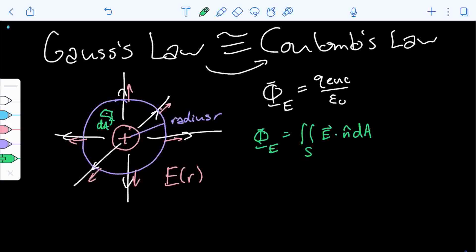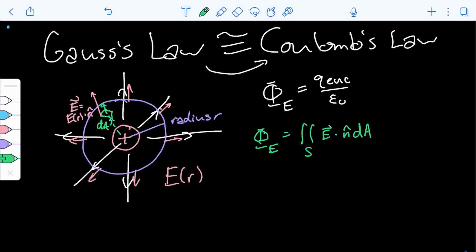N hat is radially outward, because the normal vector to the surface of a sphere is going to be radially outward, which also means that the electric field vector is also in the same direction. So for this point, the electric field vector is going to be the magnitude, E of r, times the unit normal vector.